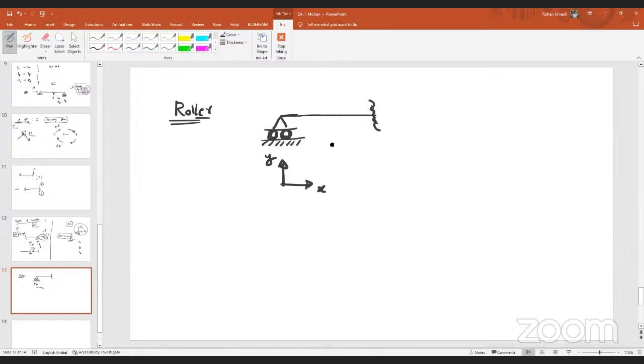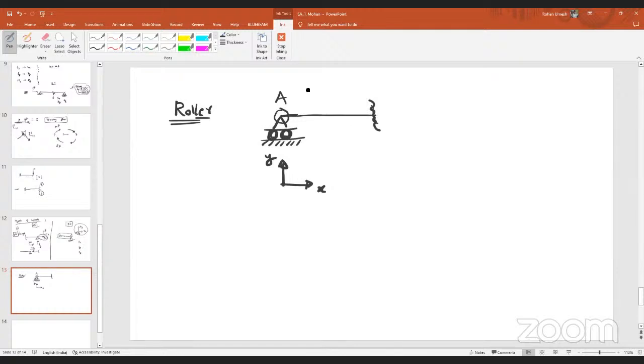That means if I am talking about this point, it can freely move, right? If I'm talking about point A, that point can freely move along the X direction. As it can freely move along that direction, will any resisting force develop along that direction?